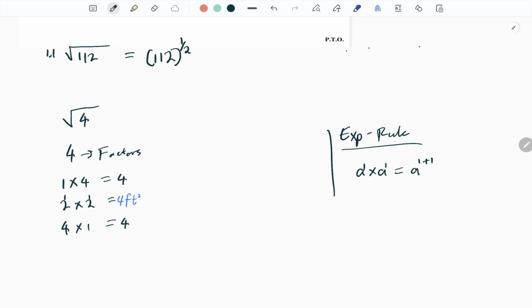And since the bases are the same, what can we do with the exponents? We can add the exponents. So we can write base 2 to the power 1 plus 1, which is equal to 2 to the power 2, and this is the same as 4. All right, so now we fulfill our concept of square root.